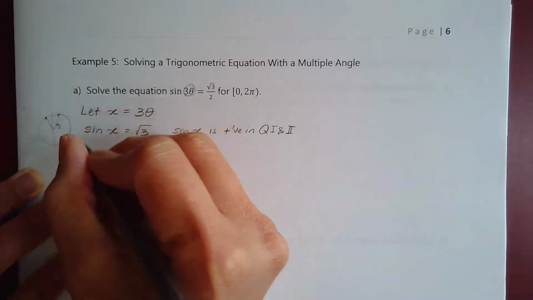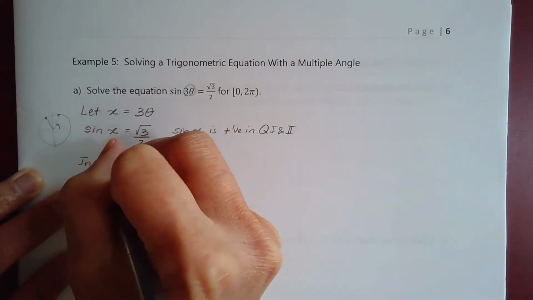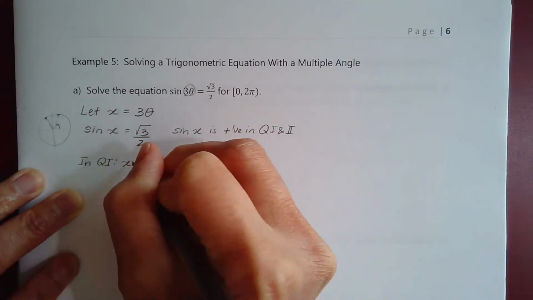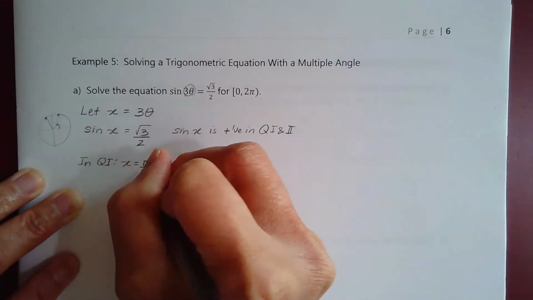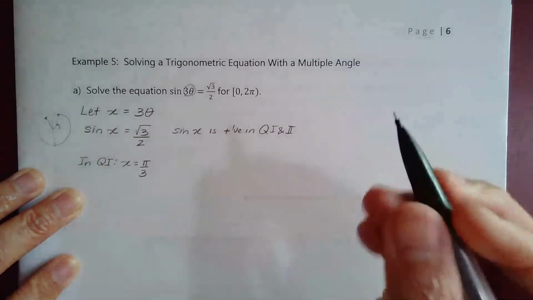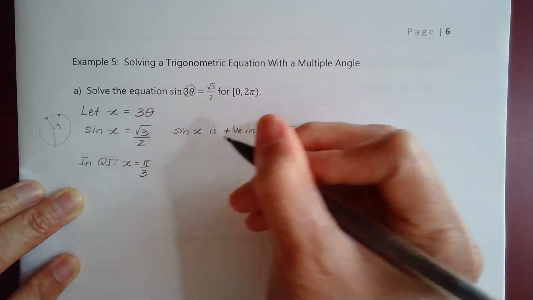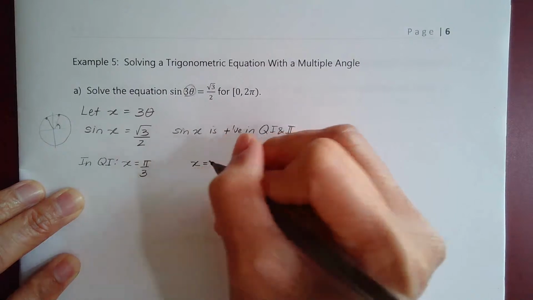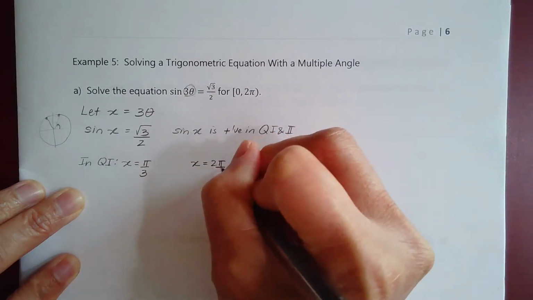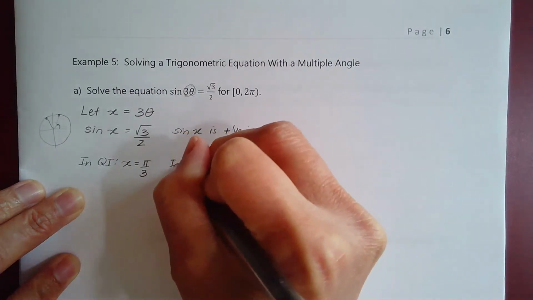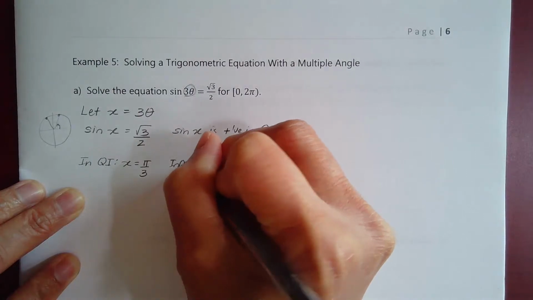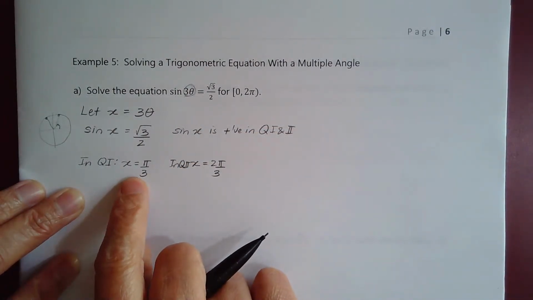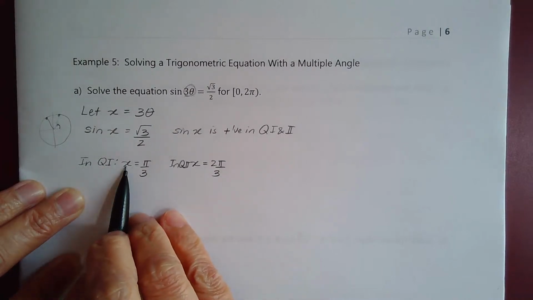So in quadrant 1, x is equal to pi by 3, and in quadrant 2, x is equal to 2 pi by 3. Now, the situation here is that we are really not solving for x.